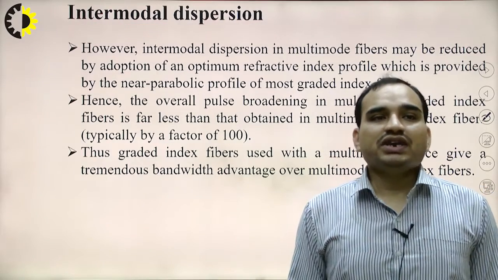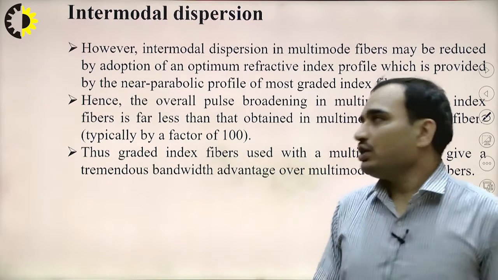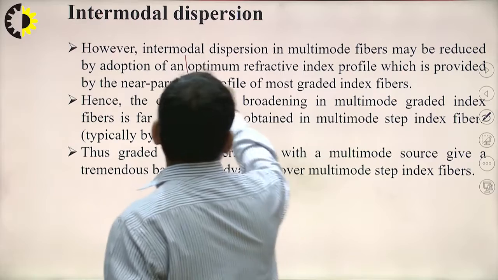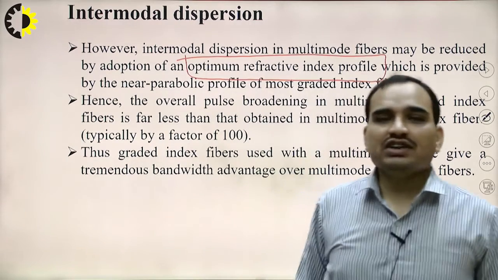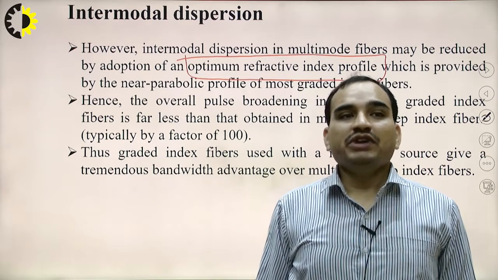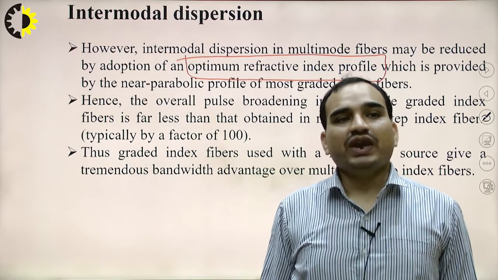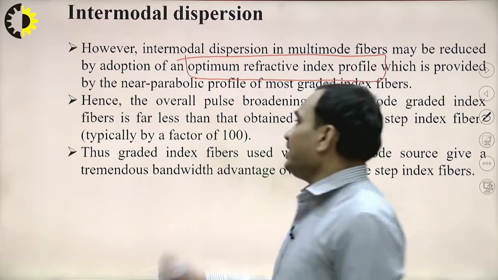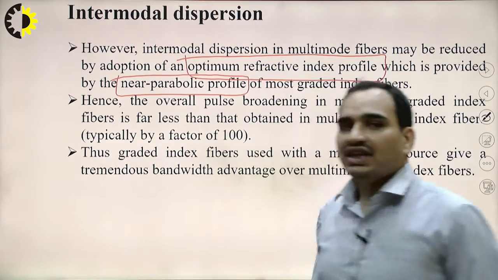However, the intermodal dispersion in multi-mode fiber may be reduced by the adoption of an optimum refractive index profile. So this means we can change the refractive index profile such that we can achieve the minimum intermodal dispersion, which is provided by the near parabolic profile of most graded index fibers.